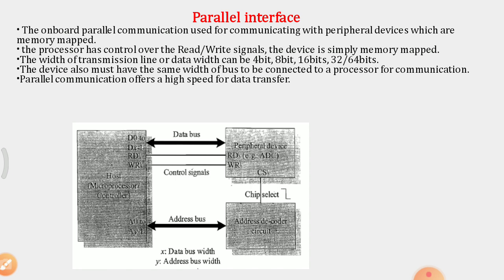The width of the transmission line, or bus width, can be 4-bit, 8-bit, 16-bit, or 32 or 64 bits. The device must also have the same bus width to be connected to a processor for communication. Parallel communication offers a very high speed of data transfer, unlike serial communication.